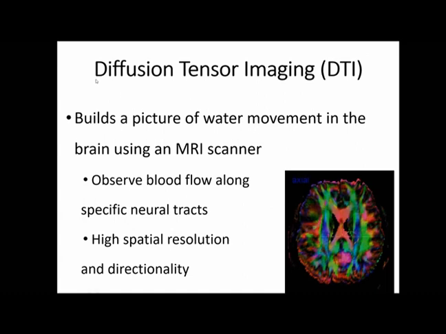So this type of imaging is one of the coolest ones because it's so different from all of the others. So this is diffusion tensor imaging, or DTI. And this is one that you don't see a whole lot of. But DTI builds a picture of water movement in the brain, and this makes use of an MRI scanner.